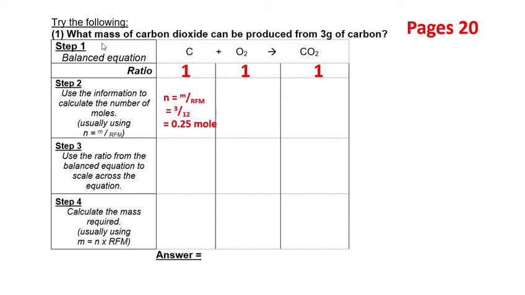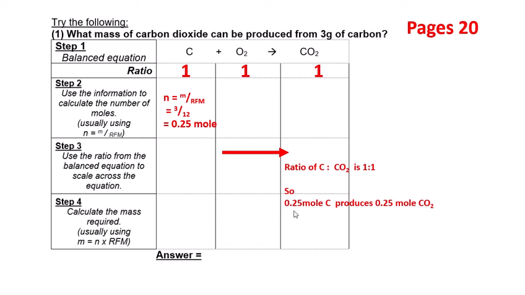Now, what we're asked is what mass of carbon dioxide can be produced. So we're going to go from the carbon over to the carbon dioxide. So the ratio is 1:1. So we'll put that in. The ratio of carbon to carbon dioxide is 1:1. Now, what we'd worked out here was 0.25 moles.